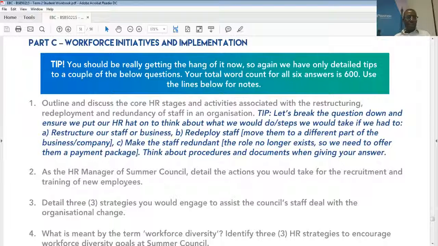HR manager, number 2 there, is: counsel, detail the actions you take for the recruitment and training of new employees. Yes, if you're recruiting new employees and training them, what sort of actions would you take? Obviously, you're going to advertise, you're going to set KPIs, you're going to talk about your policy, you're going to create an induction booklet and induction policies, so that when you're recruiting, you've got your new parameters, what you're looking for.